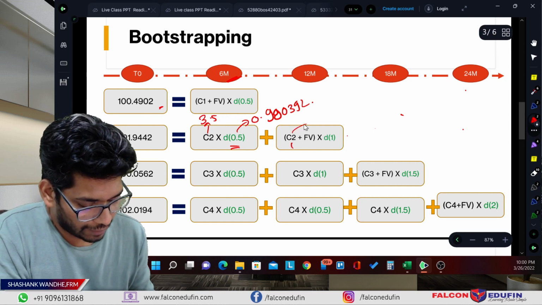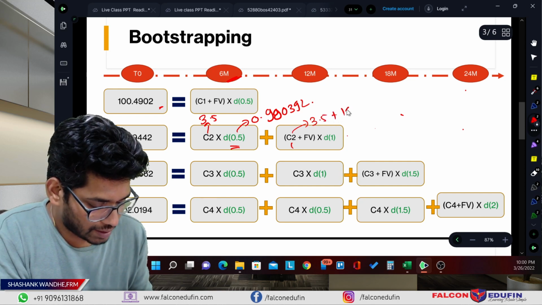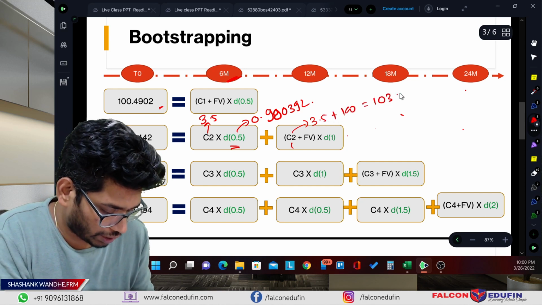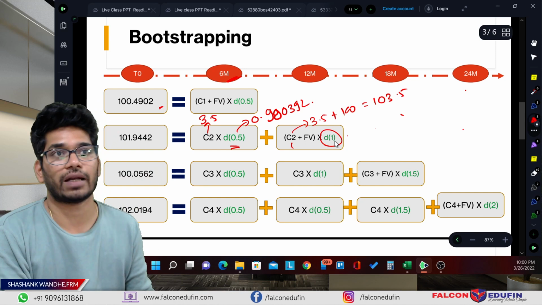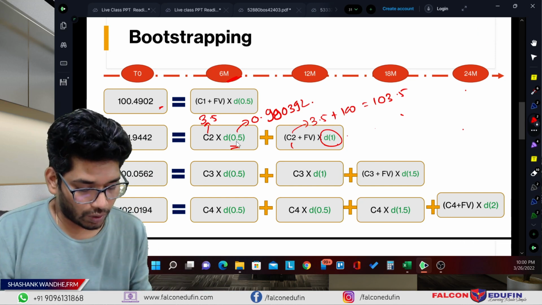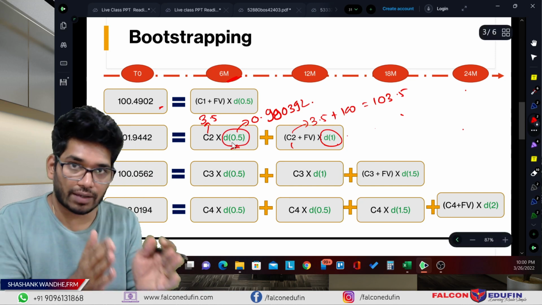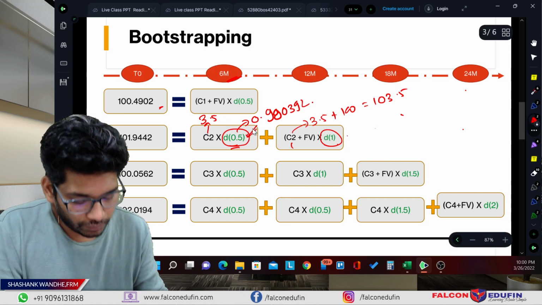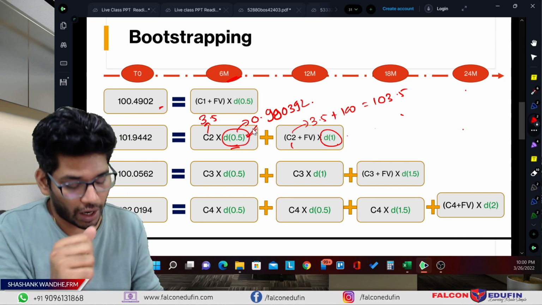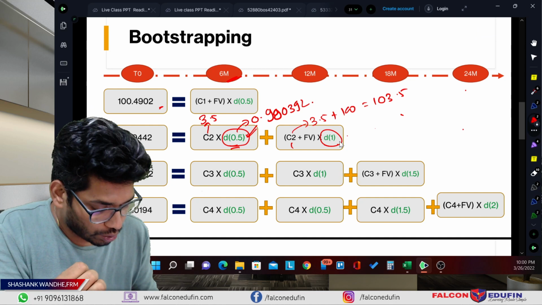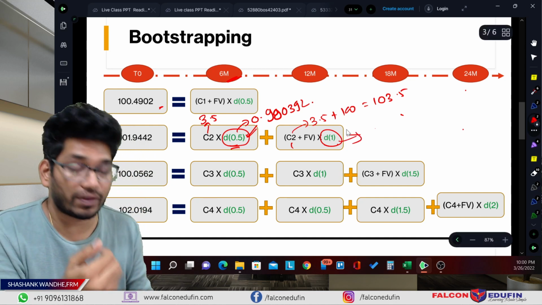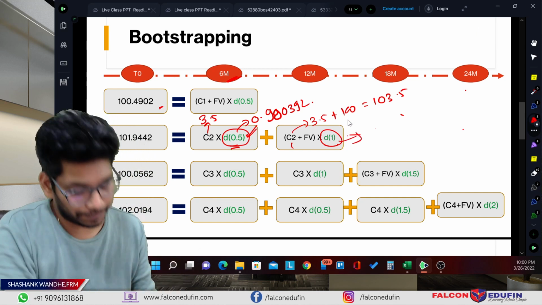Here you have 3.5 plus 100, which equals 103.5, and then you have D1. In this second bond, our goal is to use the discount factor calculated in the previous bond, and then use it to find the discount factor applicable for 1 year.